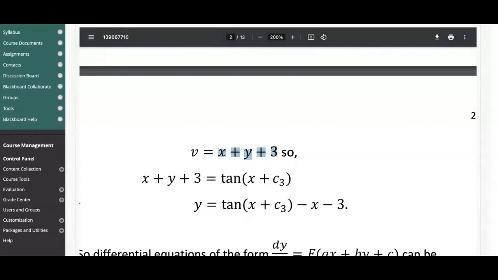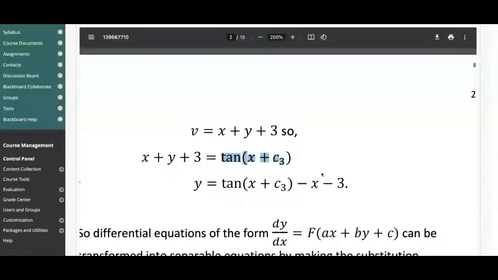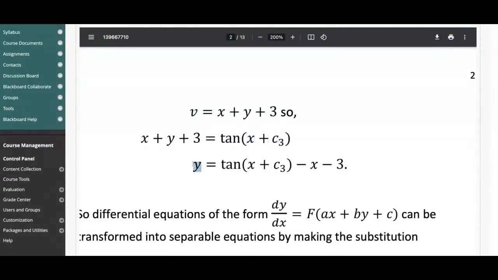And the v we defined as x plus y plus 3, so that equals tangent of x plus some constant. And then y can be written as tangent of x plus some constant, minus x minus 3.